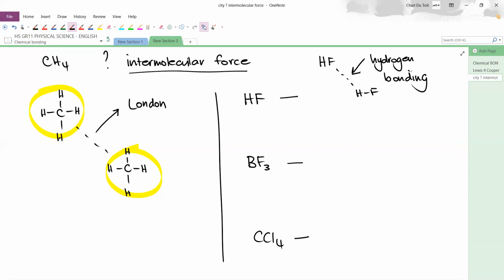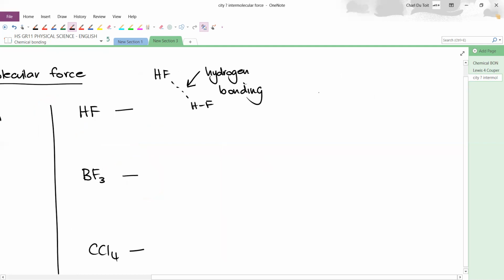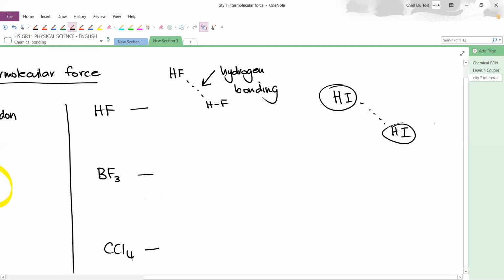So only those three. If it's something else, then it's a completely different bond. If I had hydrogen iodide and another hydrogen iodide, this would have just been a polar molecule and another polar molecule, which would have been dipole-dipole. Are you with me, Tatu?